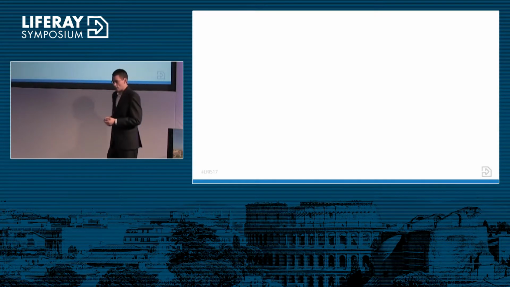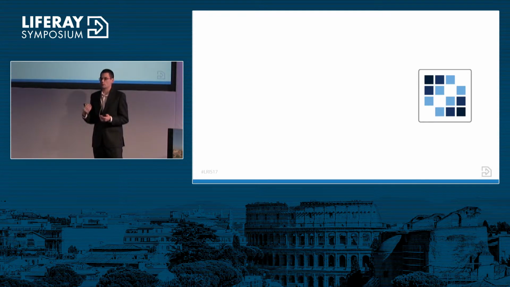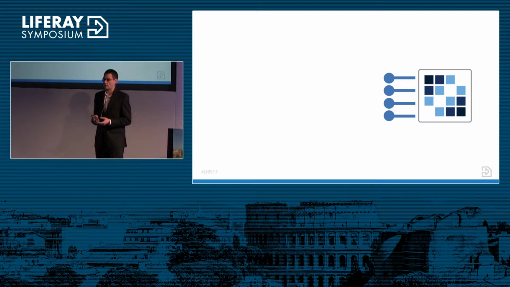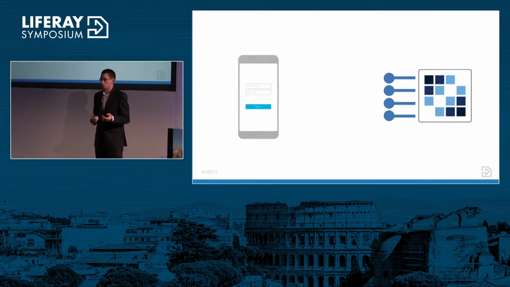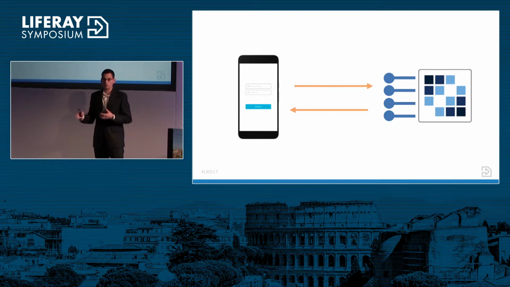Another reason to offer this is that when you want to create a mobile application with Liferay, you can do it either by exposing an API with Liferay Mobile SDK or consuming an API. So you go to your mobile application and read from those APIs.